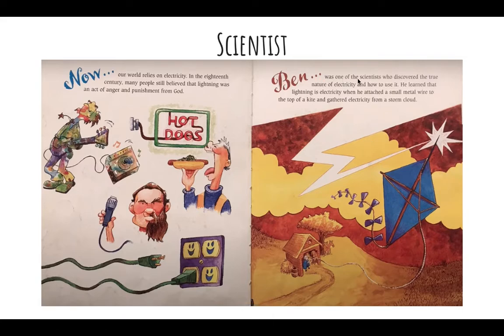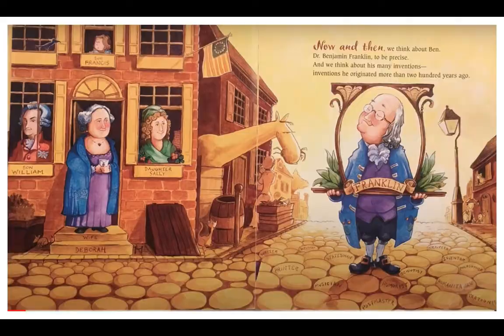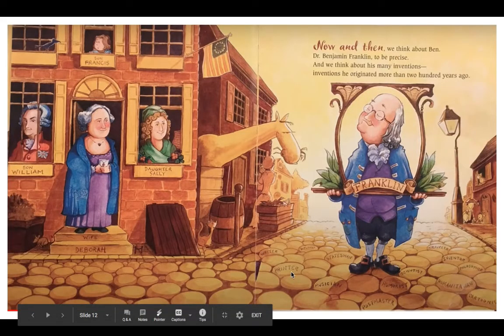Ben was one of the scientists who discovered the true nature of electricity and how to use it. So he was a cartoonist. He was a scientist. What else was he, friends? An inventor. Let's see what else it says. Miss G's not going to go through every single word. I just want you having an idea of all the different things Benjamin Franklin did.